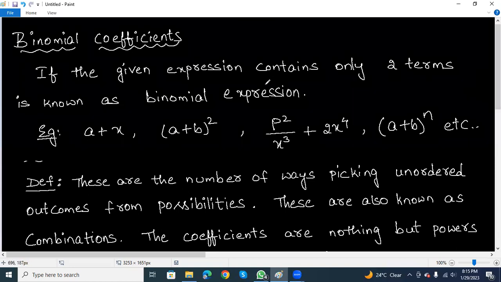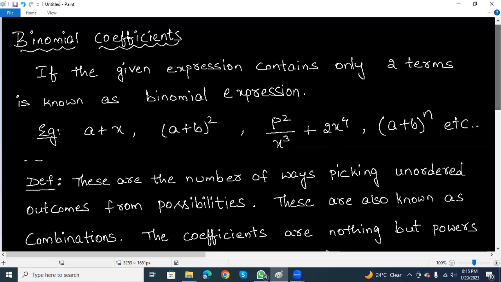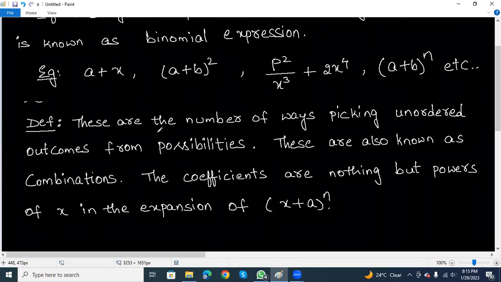Now our topic is binomial coefficients. What are these coefficients? Let's understand. The coefficients are the number of ways of picking unordered outcomes from the possibilities. These are also known as combinations.